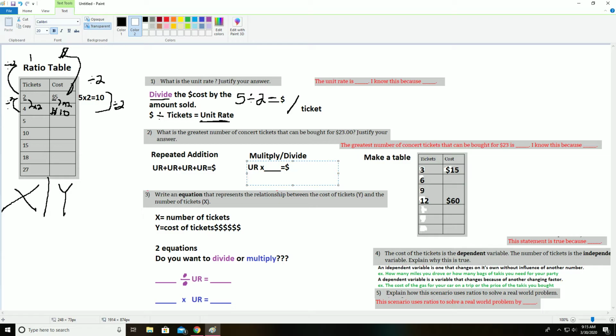If you want to divide the 23, because we know the tickets are $23, and we want to divide... I don't have a division symbol, so I'm going to have to draw this in here in a minute.